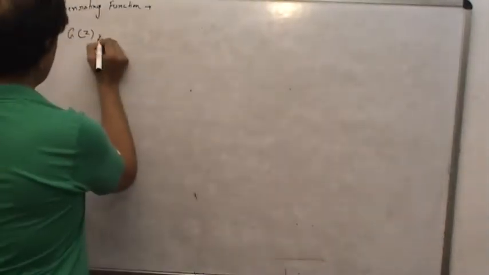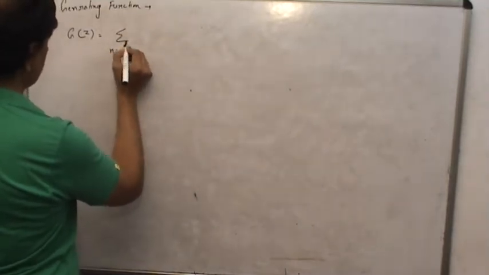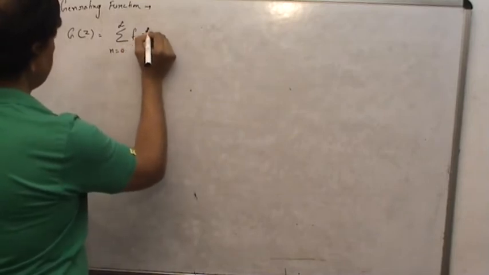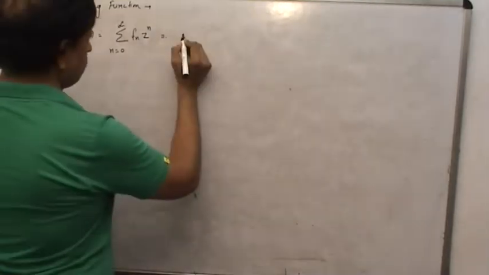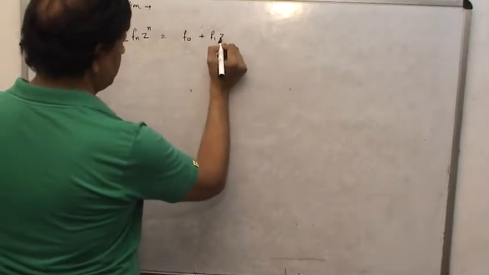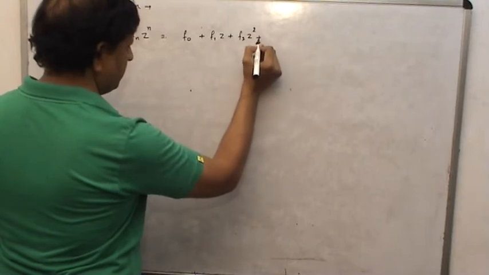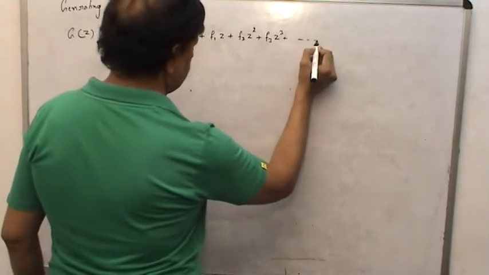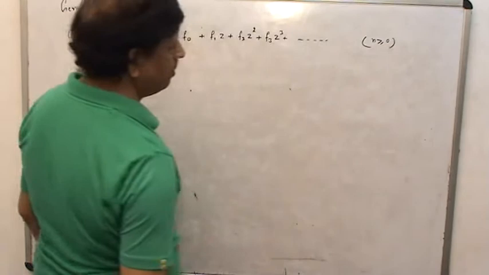G(z) is equal to sigma n varies from 0 to infinity f_n z raised to the power n, that is equal to f0 plus f1 z plus f2 z square plus f3 z cube plus so on. Here we have considered n greater than or equal to 0.